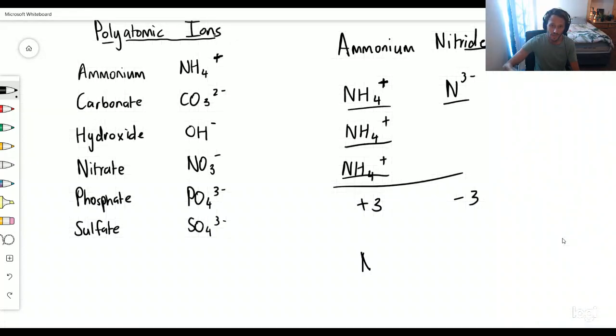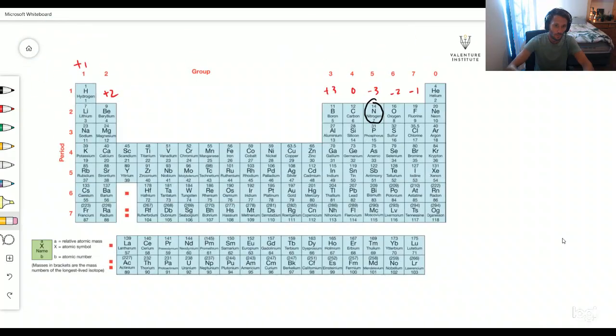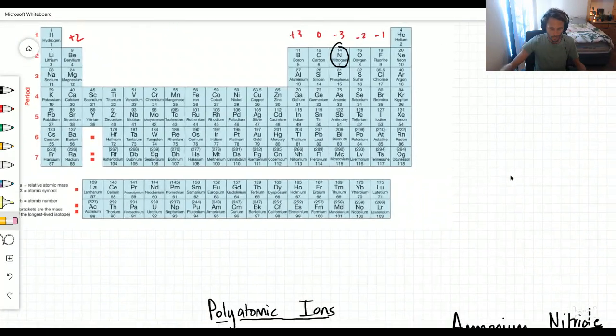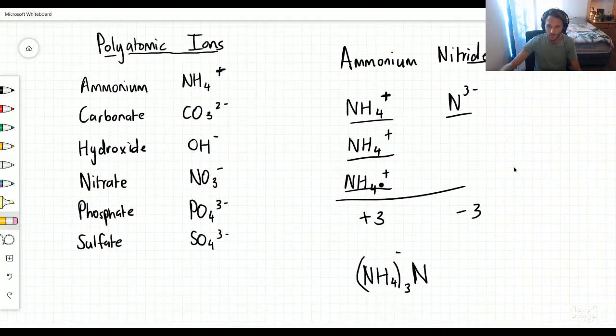So we go (NH4)3N. Okay, that's a simple example. You don't write any of the pluses or the minuses. Once these two things are together, these fall away. Okay, beautiful. Let's try another example.